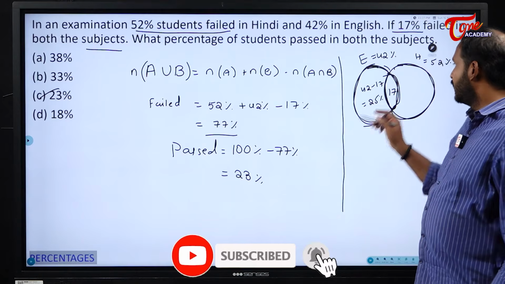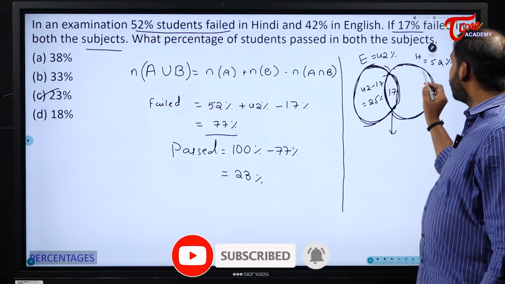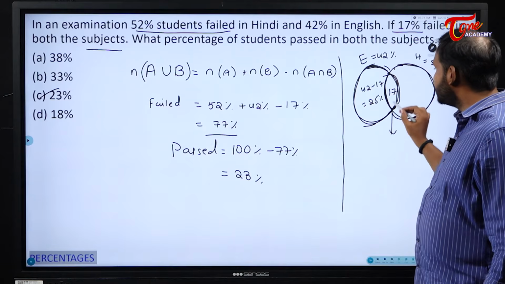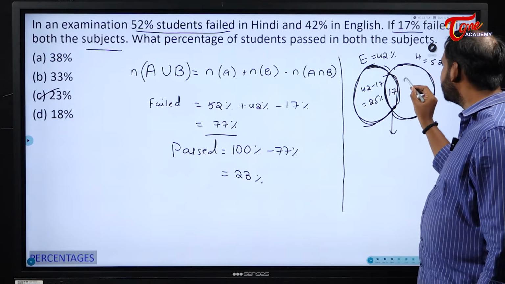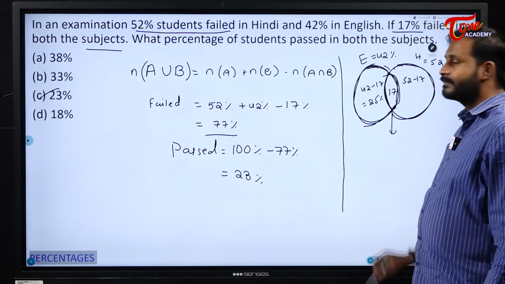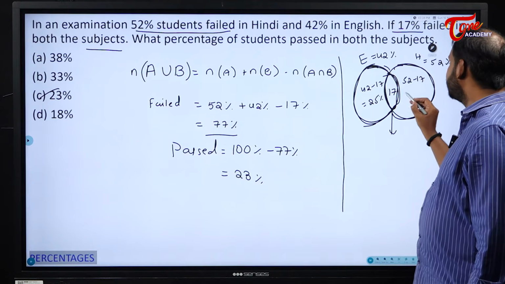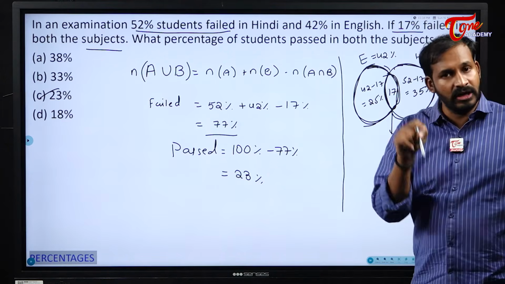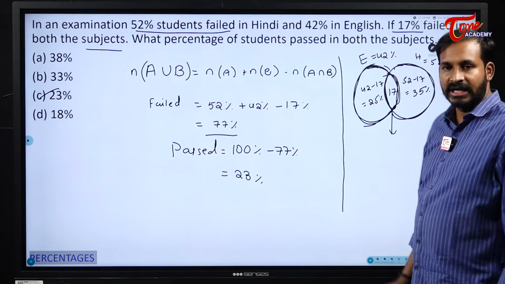Next, when it comes to Hindi, overall 52% failed, but I have already written 17 in this. So what will I write here? 52 minus 17, which is equal to 35%. That means the students who failed only in Hindi are 35%.